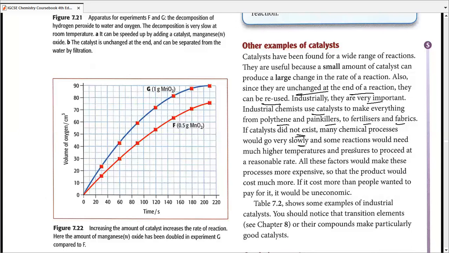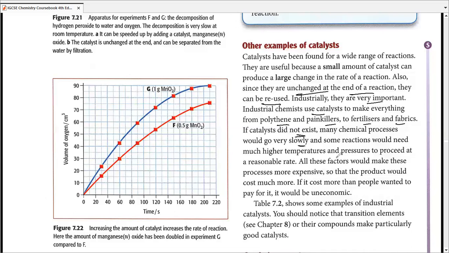If I don't take the example of chemical processes, instead, I take an example of a biochemical process. Let's talk about human digestion. Digestion is a biochemical process, right? You might have already studied it in biology. Now, in that process, if the catalyst did not exist, that process would have been very slow.